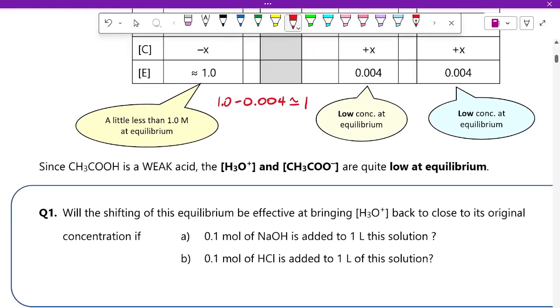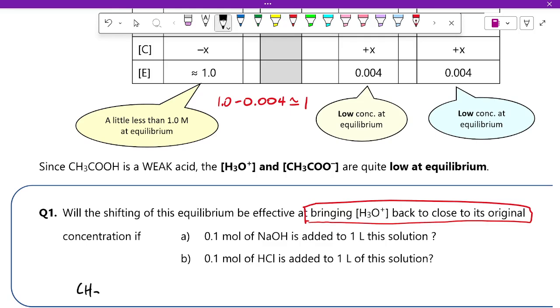So here's our first question. Will the shifting of this equilibrium be able to shift to bring hydrogen back to close to the original if we add some NaOH? So let's think about this.